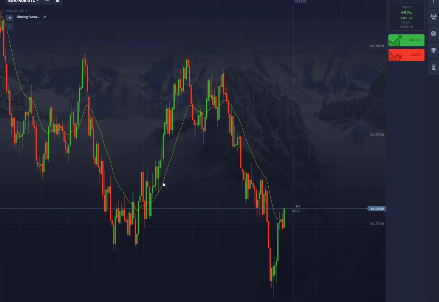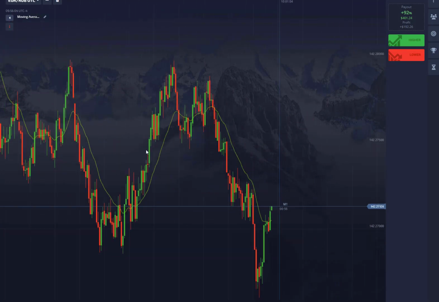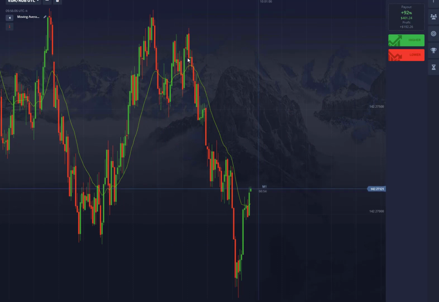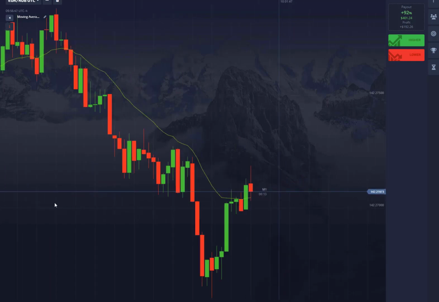Oh, I don't know though. This is trend break. This is a retest to a new low, looks like, which it made. Yep. It's hard to say.